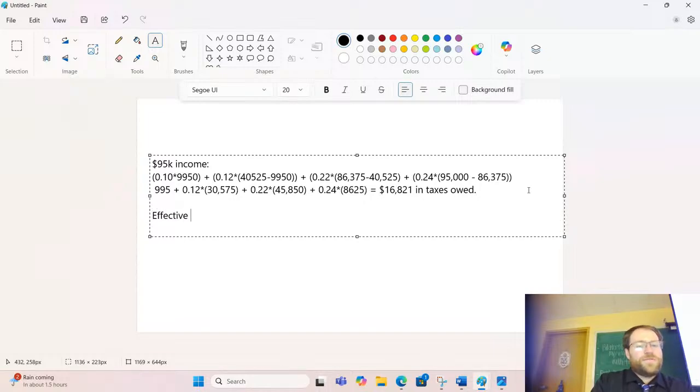So then the effective tax rate would be the 16,821 divided by the taxable income of 95,000 times 100%. So it looks like it'll be about 17.71%.